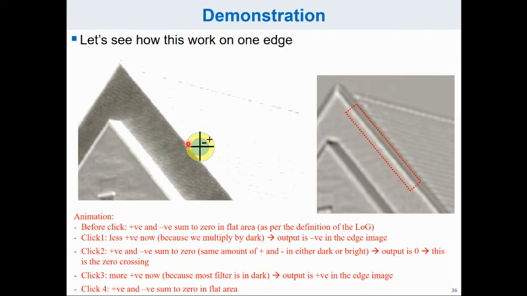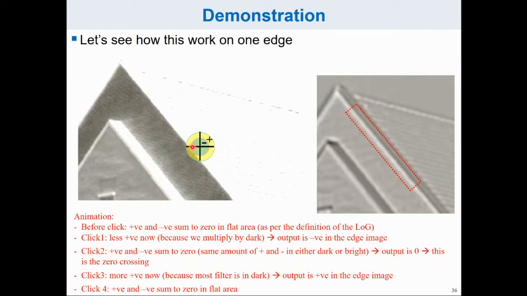So that means that the output is negative in the image. Why is the positive more? Because underneath here it's just dark, so that's gonna be giving small values over here, and basically that becomes a higher value.